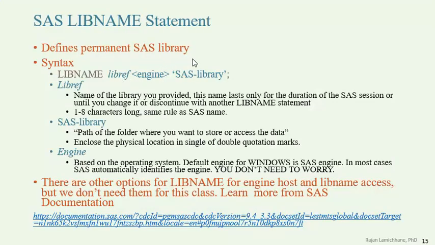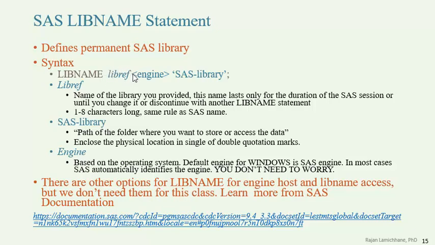Now let me discuss how we can create both temporary and permanent libraries, and how we can refer to the dataset from these libraries. If you want to create a library, here is the syntax. Start with the libname, then this libref is the name of the library you want to create.